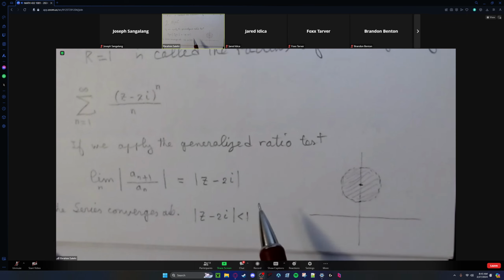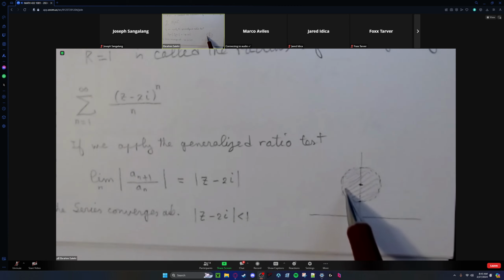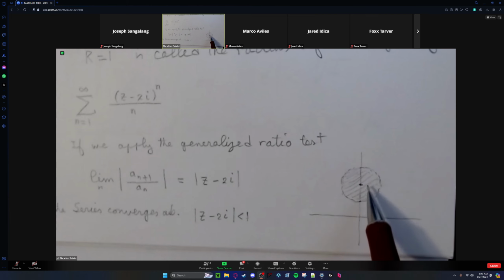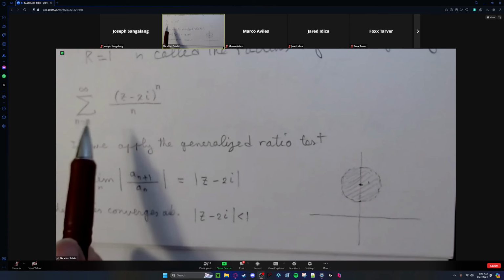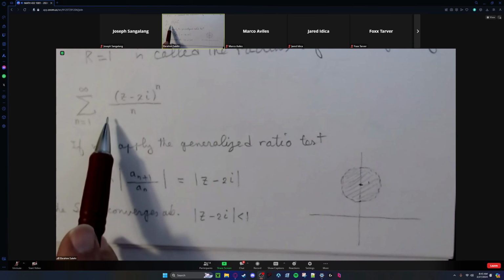But this being less than 1 means all the points in a disk centered at 2i with radius 1. So if we choose a point inside the disk, this series converges absolutely.